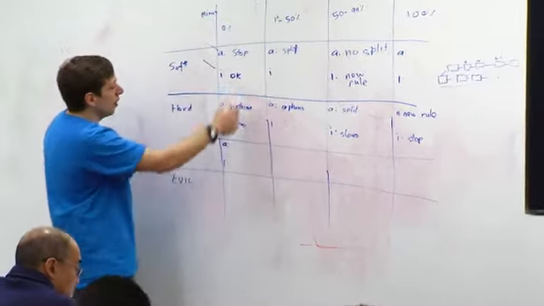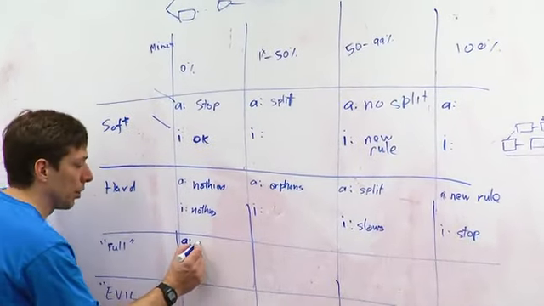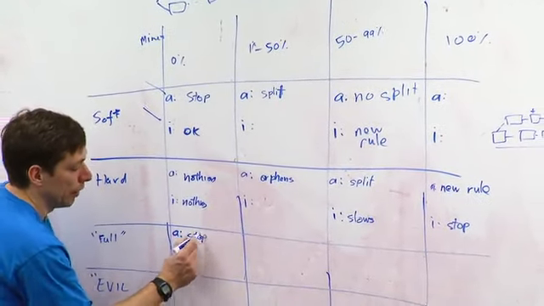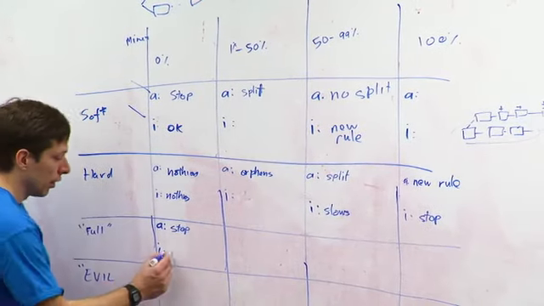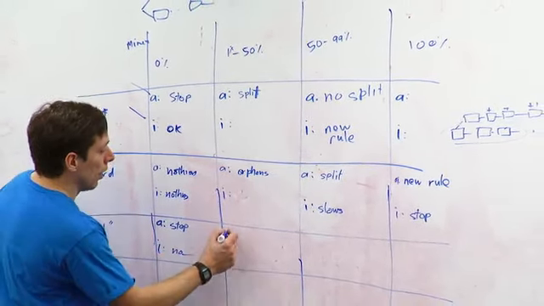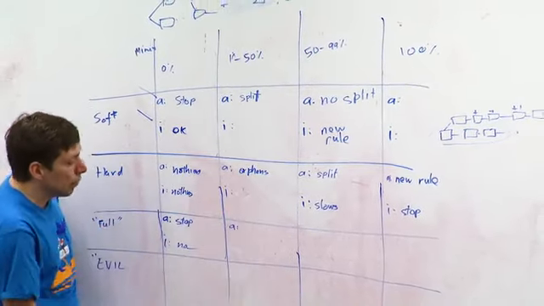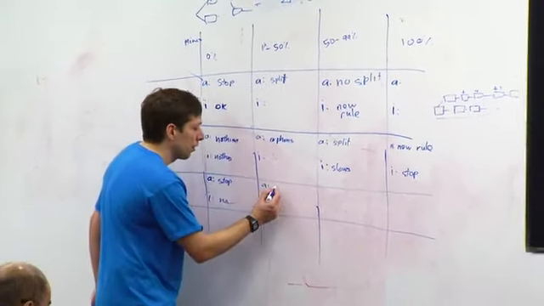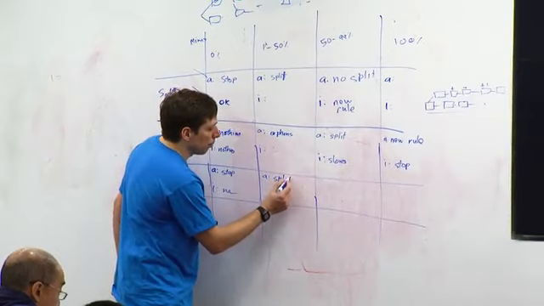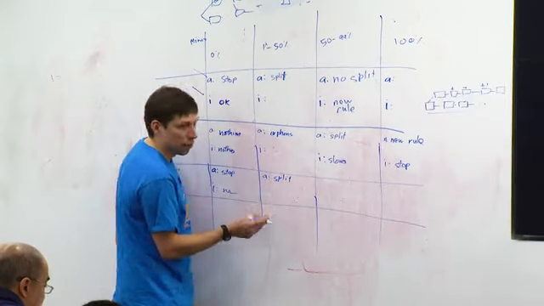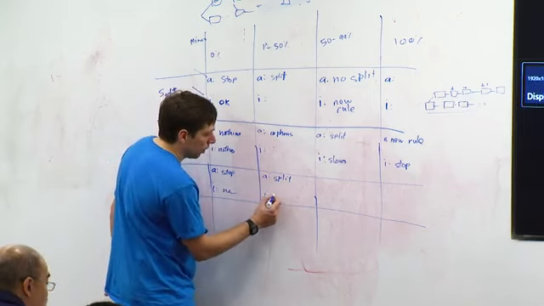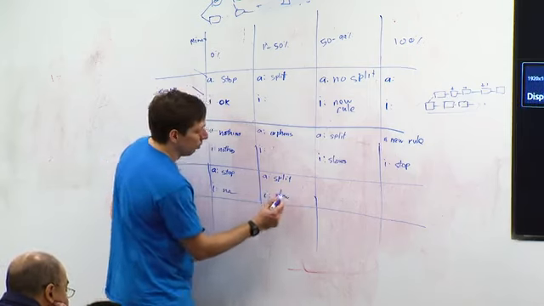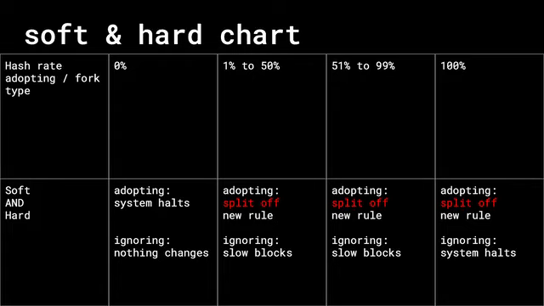So if 0% enforce the new hard fork, well, the adopters, it just stops, right? They're requiring this new thing, it's not showing up, it ends. These guys, nothing happens, right? When there's a minority, it will split off. It'll split off with the new rule set and the new bonus coins or whatever, and the ignorers, they see that it's slower because some mining power has left.